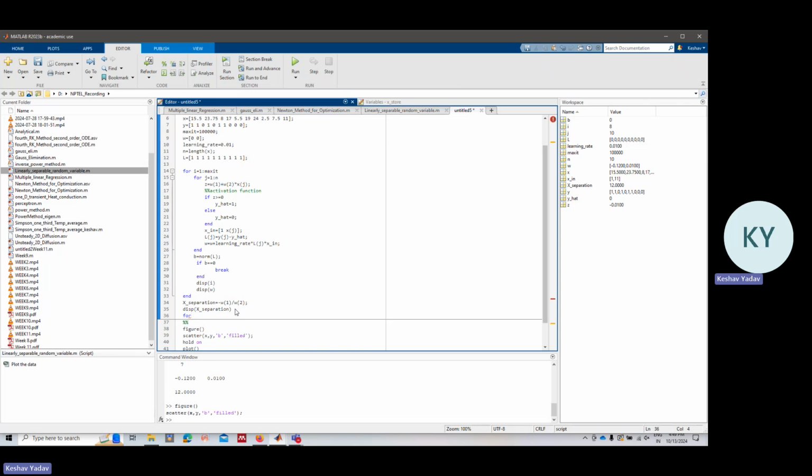I just want to draw a line. I'm just defining a variable like that, which will be equal to 12.